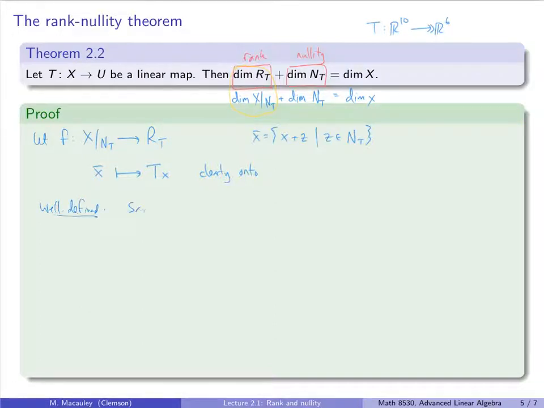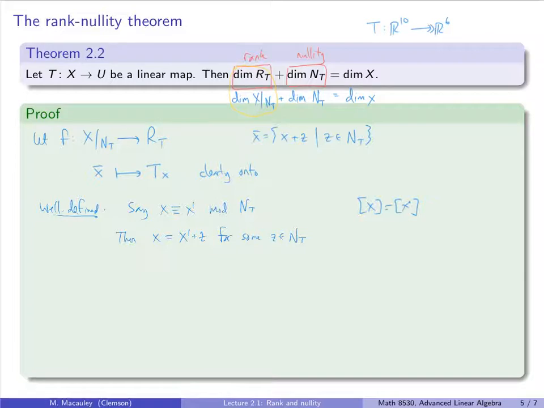Let's say that x is equivalent to x prime mod N_T. That's exactly what we mean when I say the equivalence class of x equals the equivalence class of x prime, remember? Then by definition, x equals x prime plus z for some z in N_T.